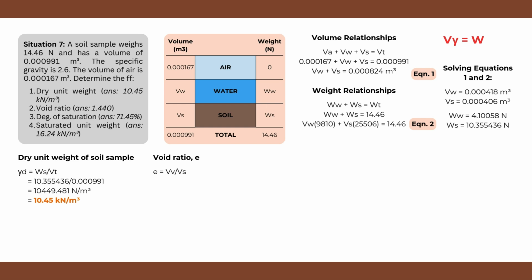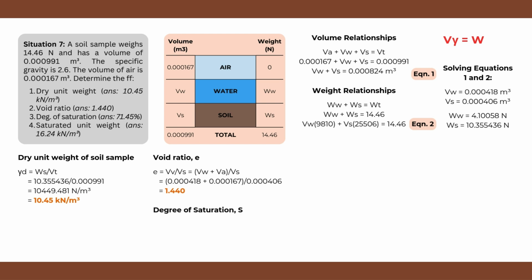Applying that to our formula, makukuha natin si void ratio by quantity of VW plus VA or yung volume of air over Vs. This will give a void ratio of 1.44. And take note, unitless tong property na to kasi from the name itself, ratio value lang ang hinahanap. And upon solving, magka-cancel lang din naman yung volume units.